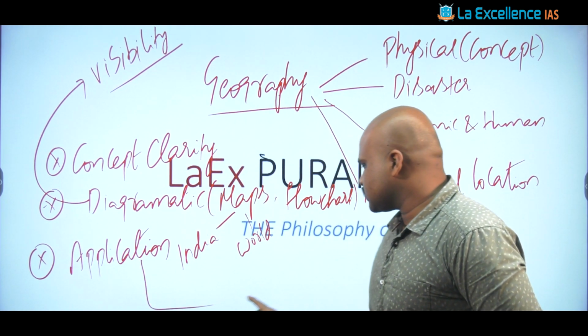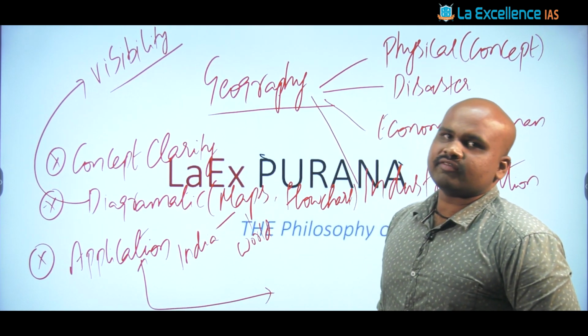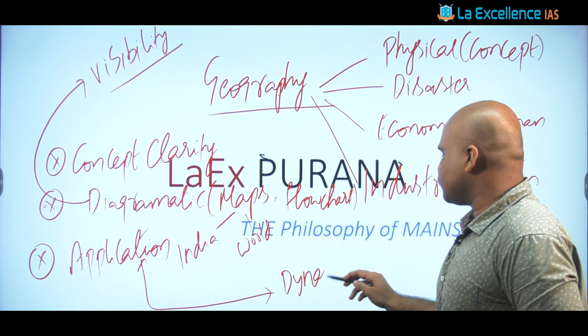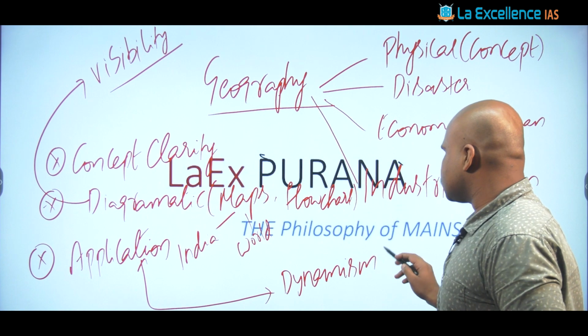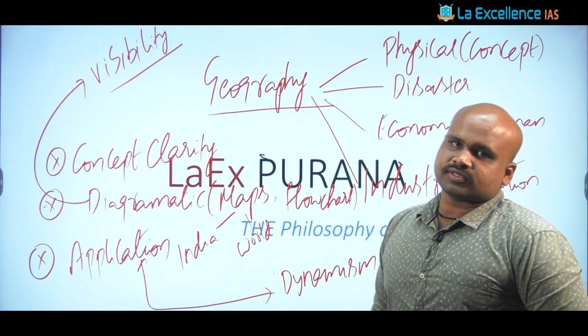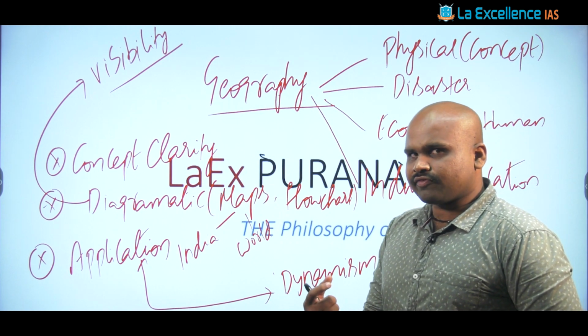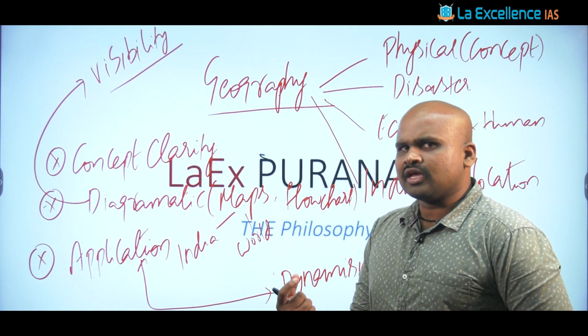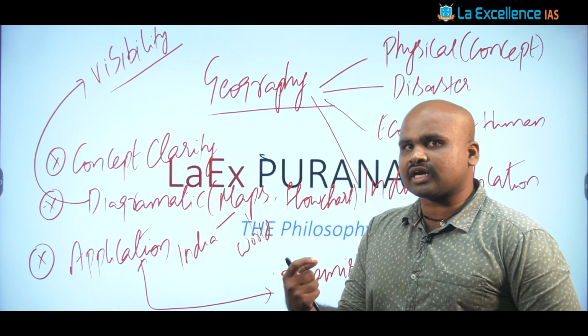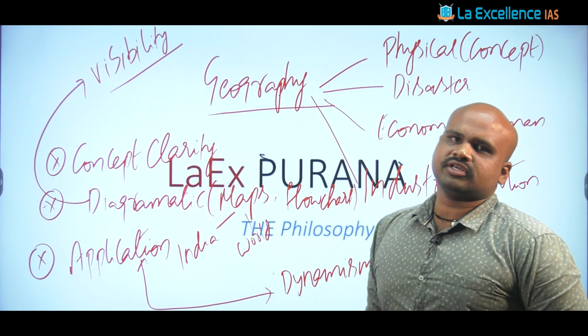Along with this application, one very important aspect that has to be incorporated is the dynamism involved with respect to the concept. Suppose a question is asked on cyclones. One very important aspect that you would write is what are the prerequisite conditions for a cyclone to originate.